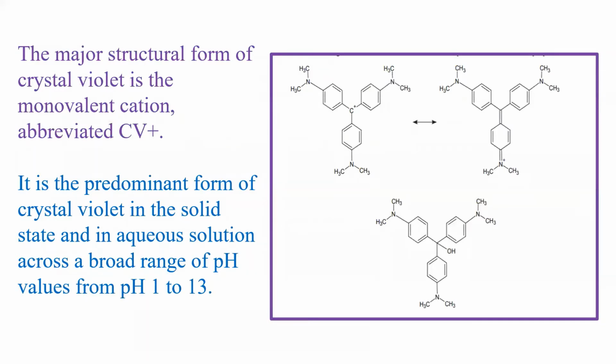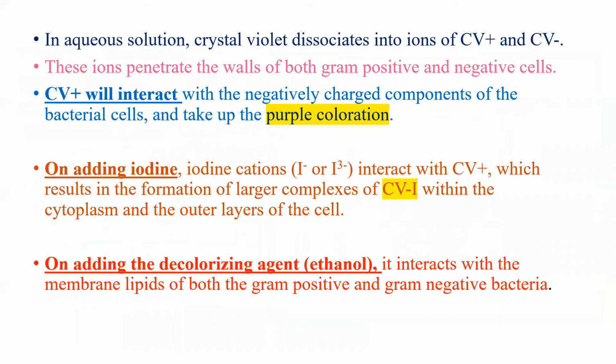The major structural form of crystal violet is a monovalent cation, abbreviated as CV+. It is the predominant form of crystal violet in the solid state and in aqueous solution across a broad range of pH values from pH 1 to 13. In aqueous solution, crystal violet dissociates into ions of CV+ and Cl-.